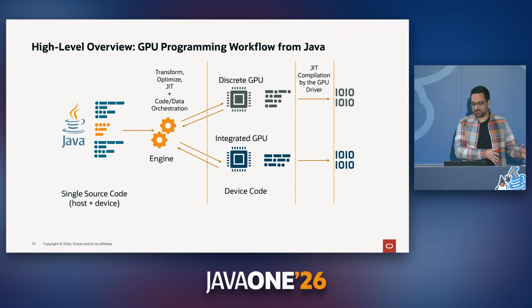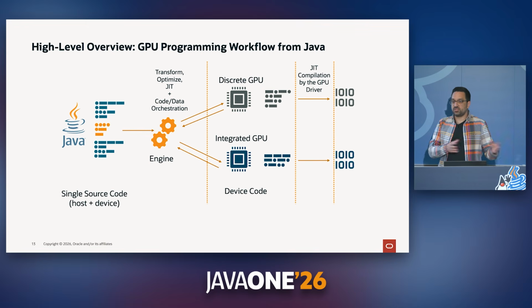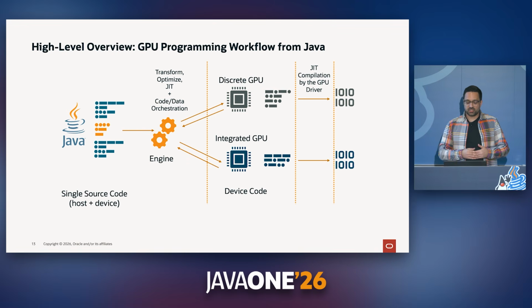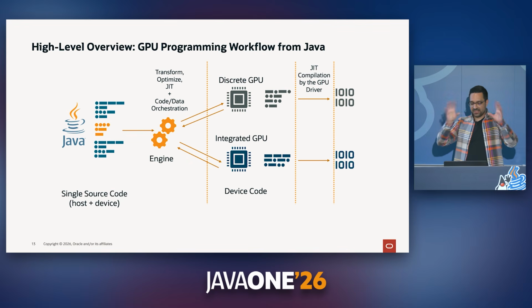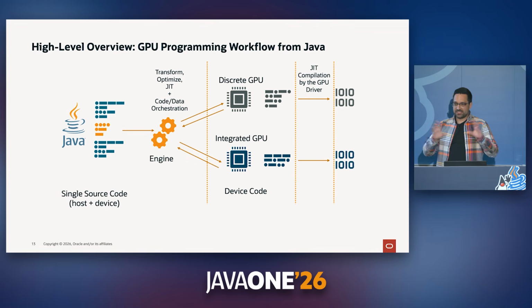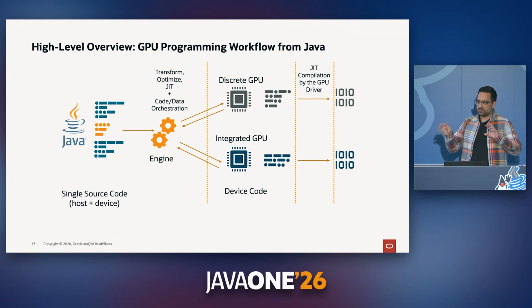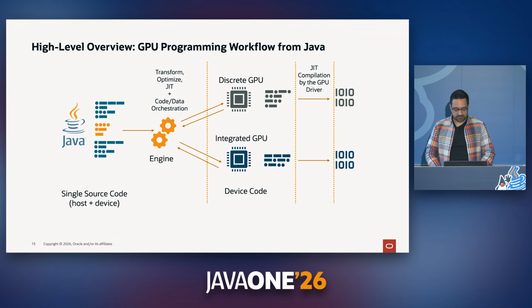So from Java to OpenCL, from Java to CUDA, from Java to even SPIR-V, right? You still need a driver to do the final compilation step. So the engine needs to communicate efficiently with the driver as well, right? So think about all this complexity and making all these pieces talk together efficiently.